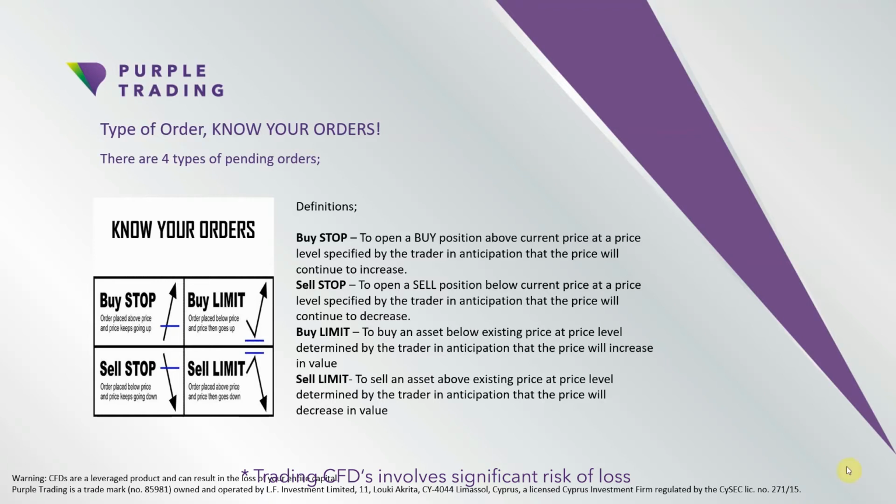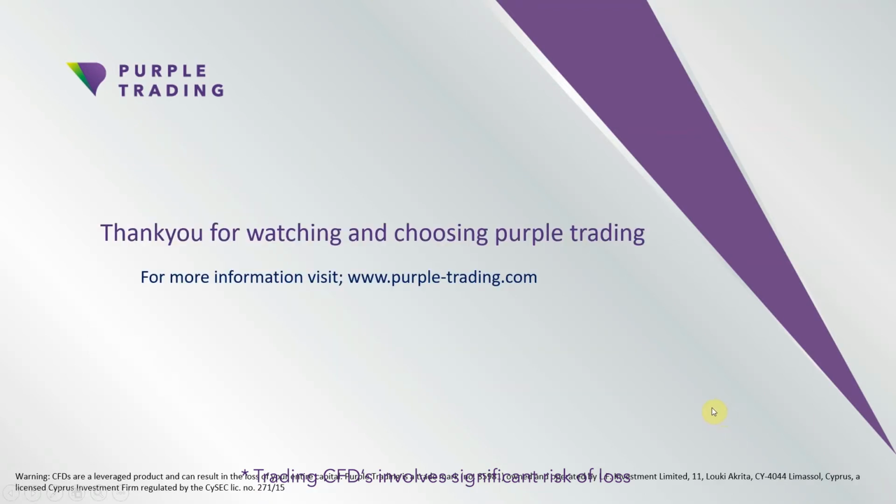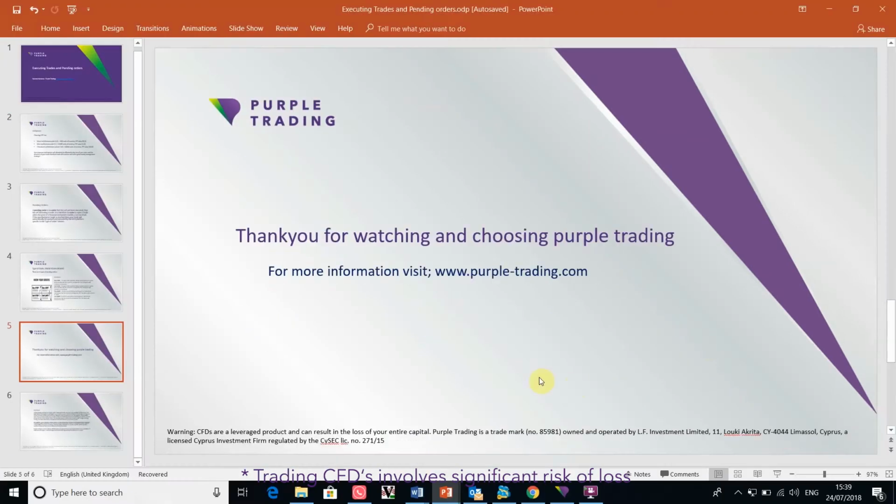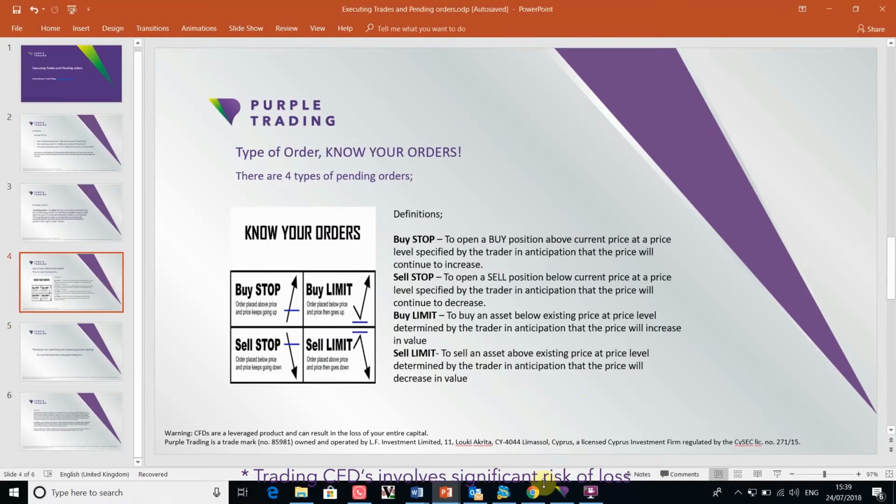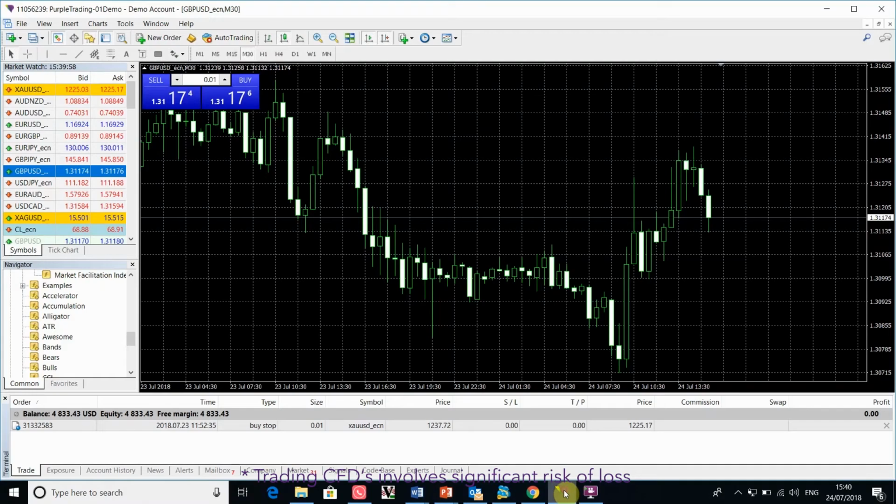So if we switch back to the MT4 platform and look at how this works, we're going to look at buy stop. So just looking at the chart, I see that price is bouncing off a support line. So I'm just going to draw this support line right here in anticipation of taking a buying trade.